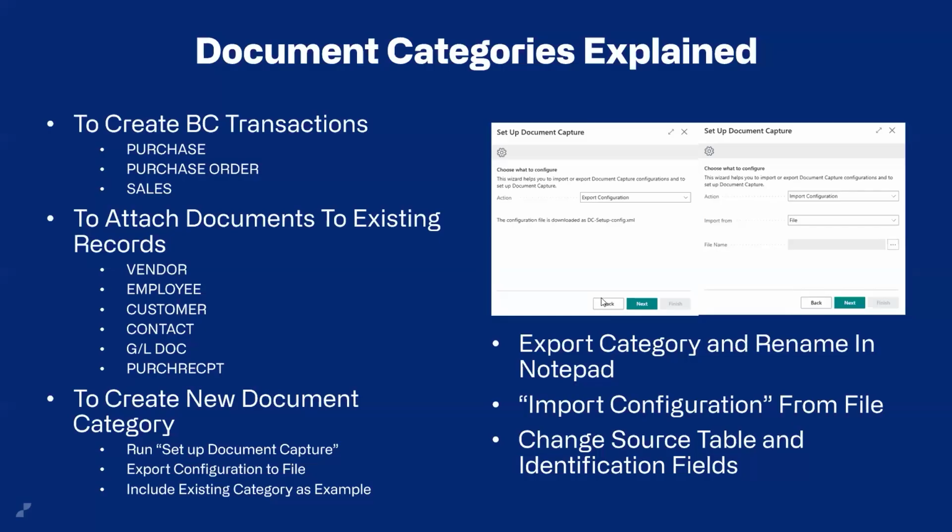So that's a little bit about how to create that custom document category to attach to a different type of record in BC, how you can build your own by copying something that's already existing and then changing the underlying source table and identification fields for you to find that new record that you want the document category to now find a new record inside of Business Central.